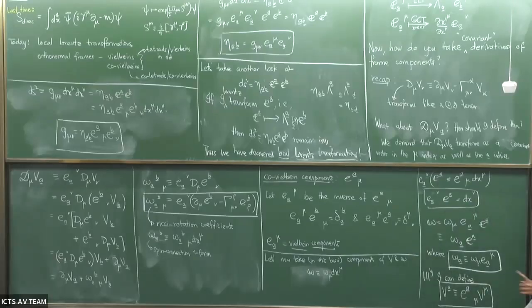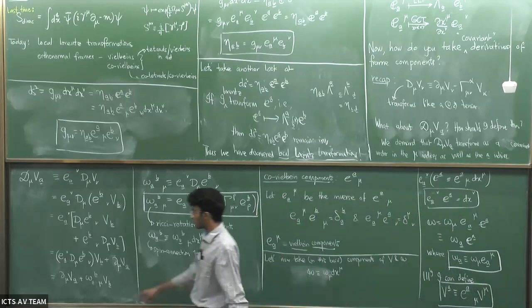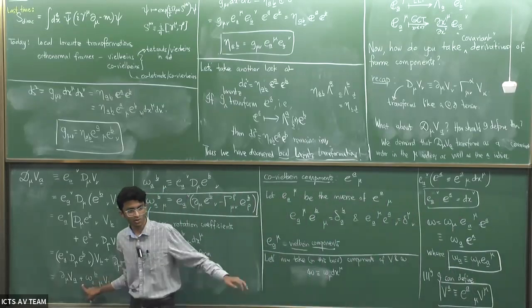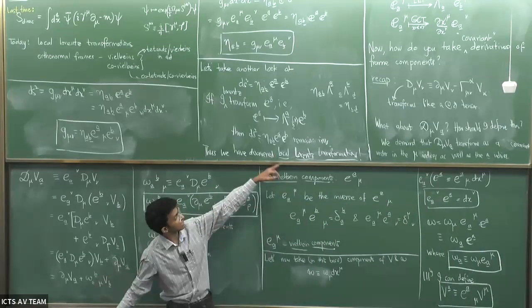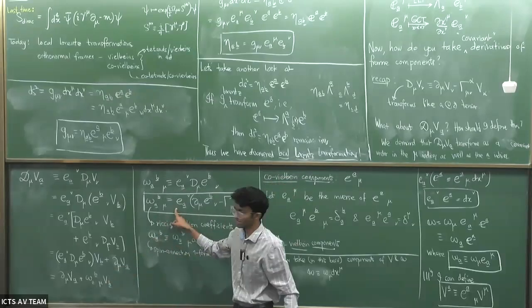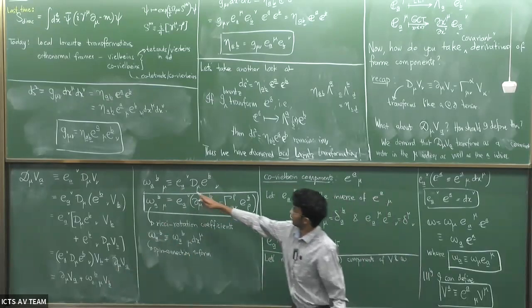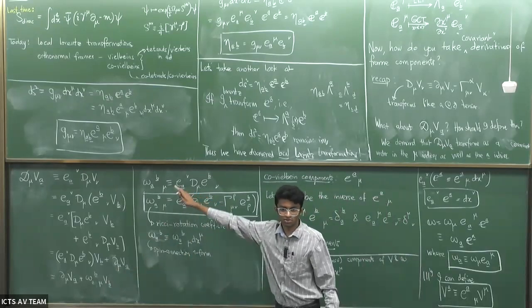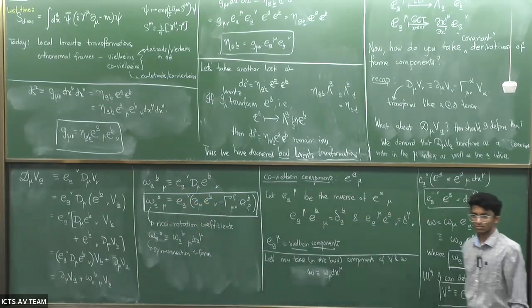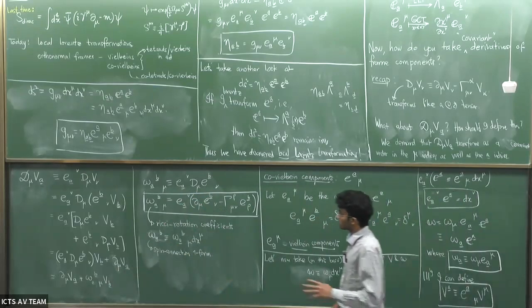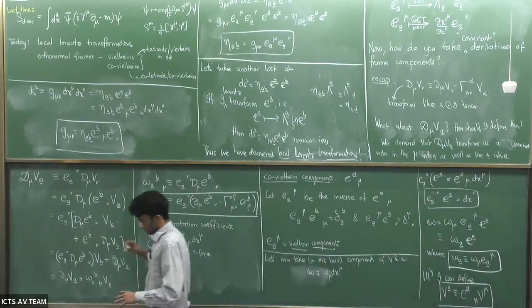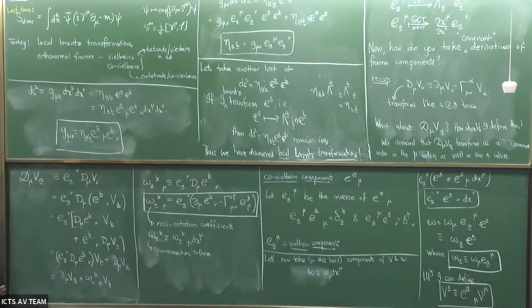I should note that some people actually put a minus sign here because they want this equation to look exactly the same as that equation and define the omega with a minus sign. I'll not do that. This looks nice because this expression is very memorable. Again, notice that the Latin indices and the Greek indices are completely separate.